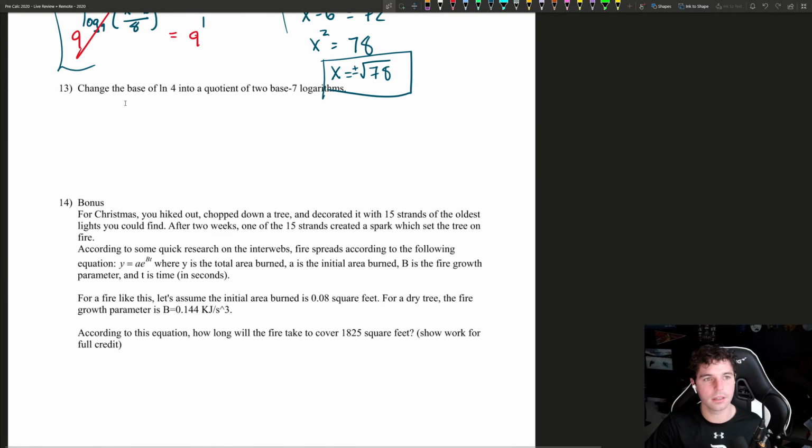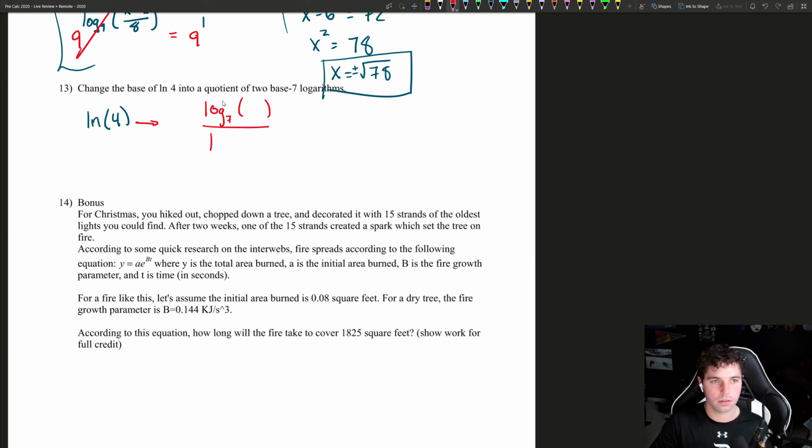Okay, so number 13: change the base of ln 4 into a quotient of 2 base 7 logarithms. Okay, so we want to make this logarithm into a quotient of 2 log base 7 logarithms. So, like I said before, we can rewrite ln of 4 as log base e of 4, right?